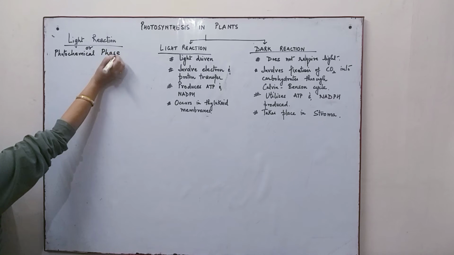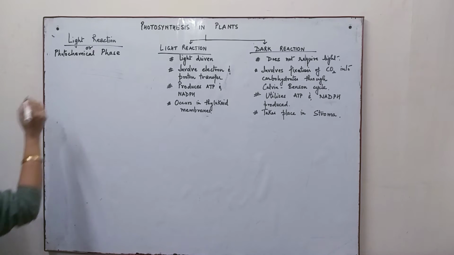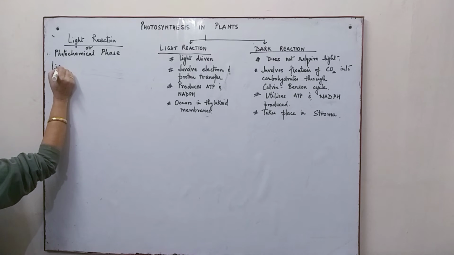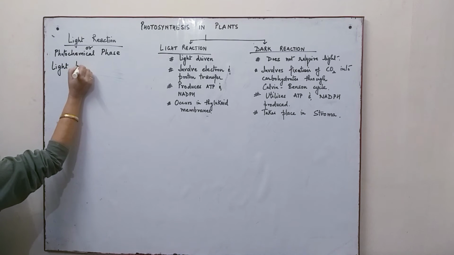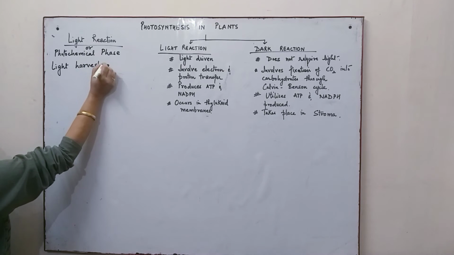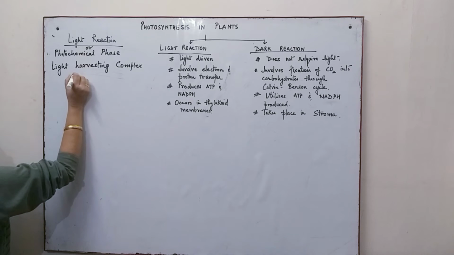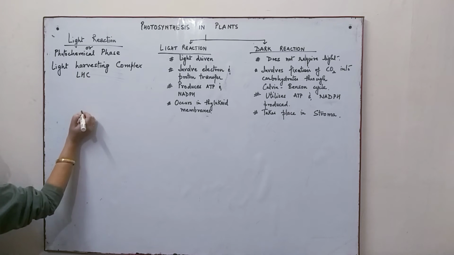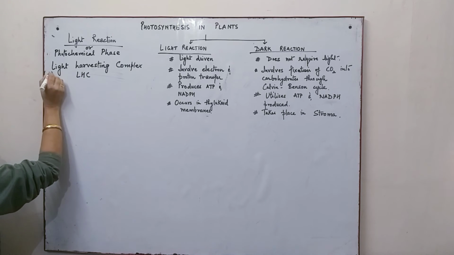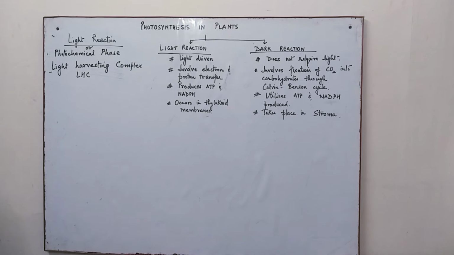Now, before we start the light reaction, we have to understand the formation of the light harvesting complex. Let us try and understand what is meant by light harvesting complex, or LHC. We have to understand this, and also the photosystems.